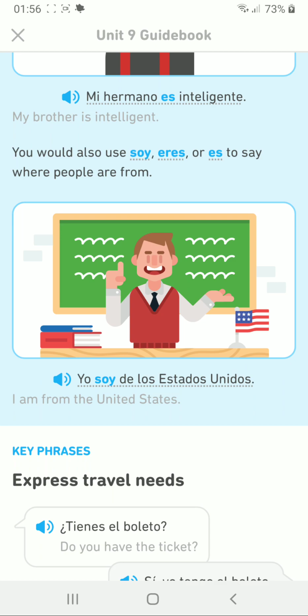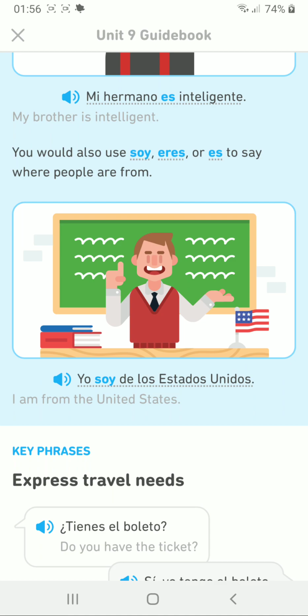So you would also use soy, eres, and es from the verb ser, for I, you, and he, she, it, to say where people are from. So yo soy de los Estados Unidos. That's how you say United States of America in Spanish. You don't say America, you say Estados Unidos de América.